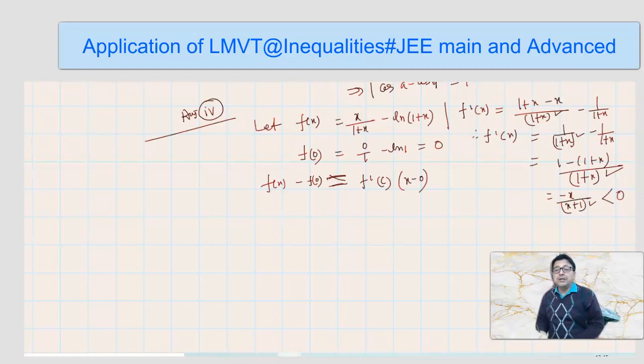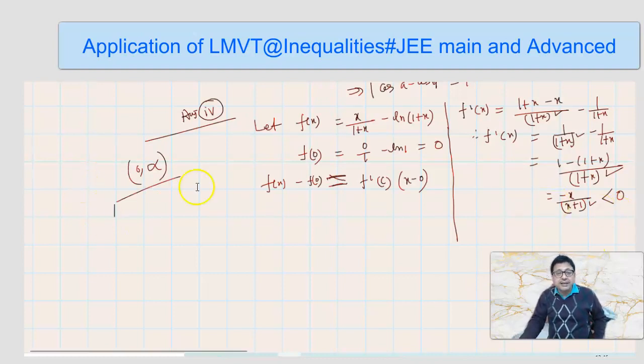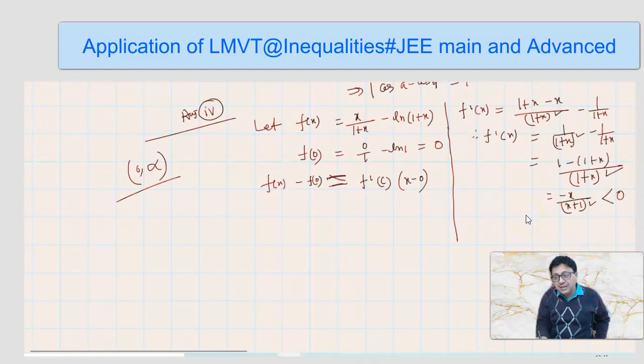This is always a negative quantity. So f dash x is a negative quantity. Now x lies in which interval? We said x is greater than 0, and if we take the interval 0 to infinity, then at any point in this interval you find the derivative. Here c lies in the interval 0 to x, so f dash c is minus c by 1 plus c whole square, which is also negative.